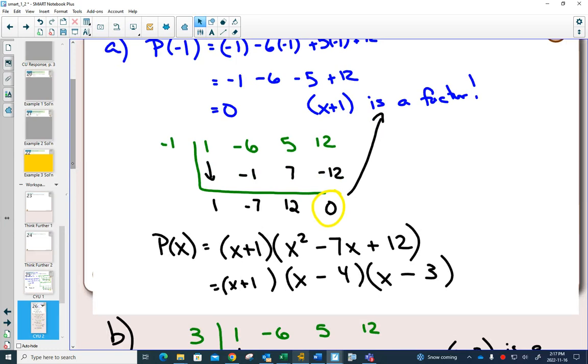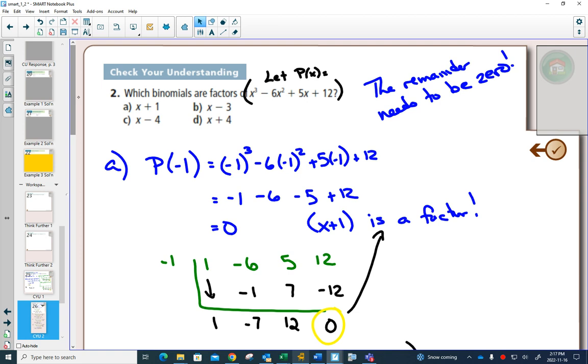Okay? Now, notice the factors that worked were x plus 1, x minus 3, and x minus 4. And we were able to factor it because they gave us these and we found out all three. Okay? But let's say they didn't give you these ones to try. Why would trying x plus 5 be a bad idea? Like for sure, x plus 5 is not going to work.